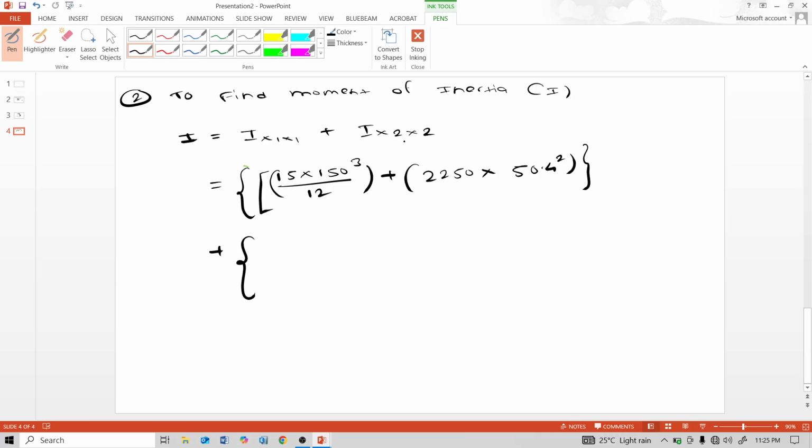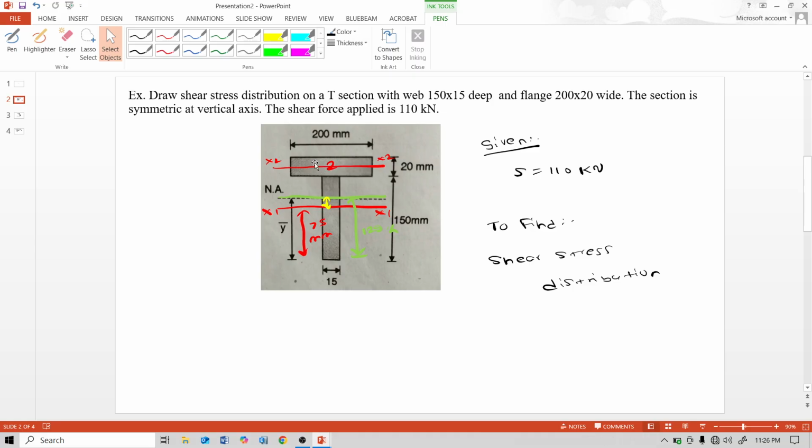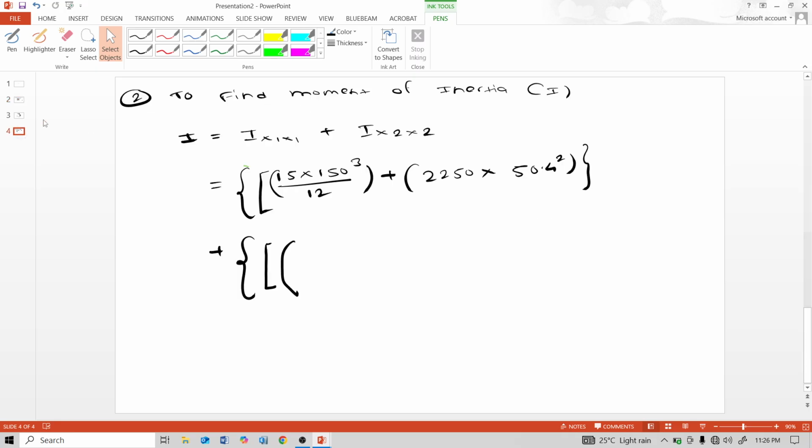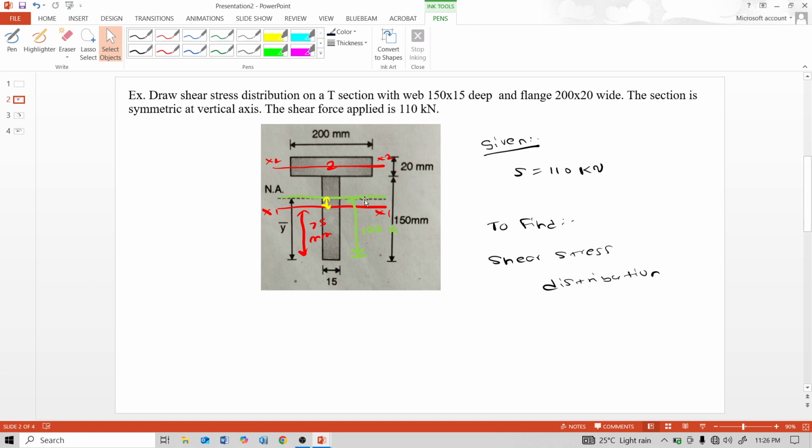Plus now the Ix2 moment of inertia for the x2 axis. The parallel side is 200 mm, so 200 multiplied by 20 cube divided by 12, plus the area of the flange portion, 4000, multiplied by the distance between the neutral axis and the x2 axis.